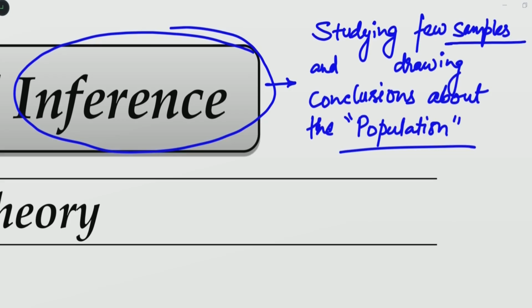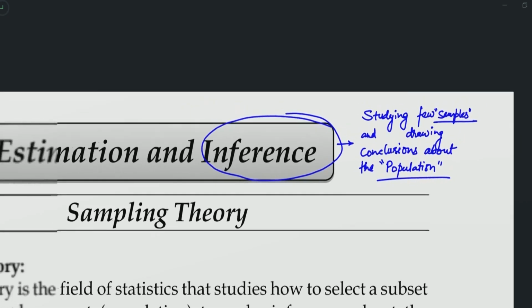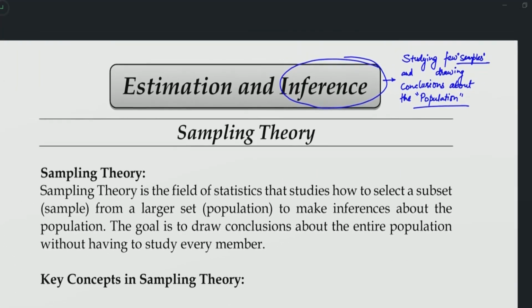You are studying samples but drawing the conclusion about population. That is the meaning of the word inference. I'm sure you're clear with the meaning of the word inference, and along with me you would have written the same as well.